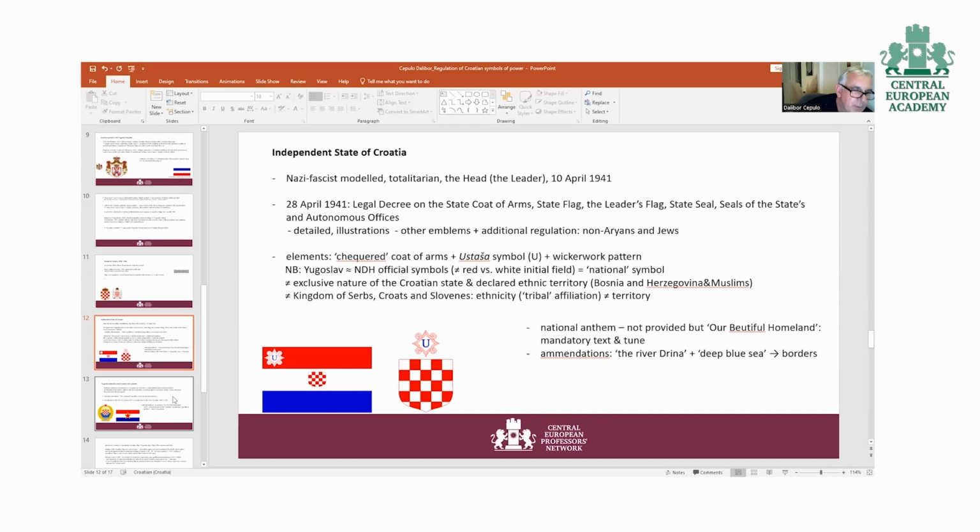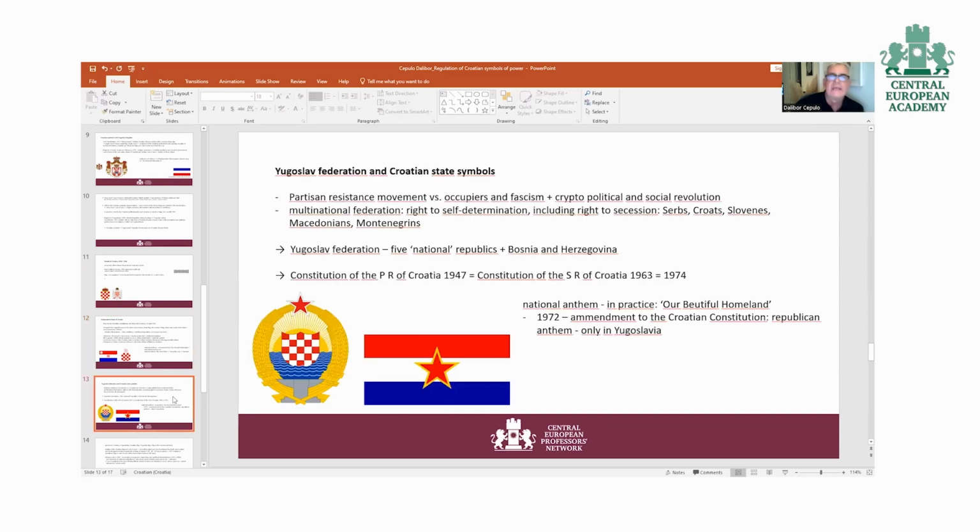The same symbols would be preserved as the symbols of Croatia in the partisan federation, in the Yugoslav Federation.